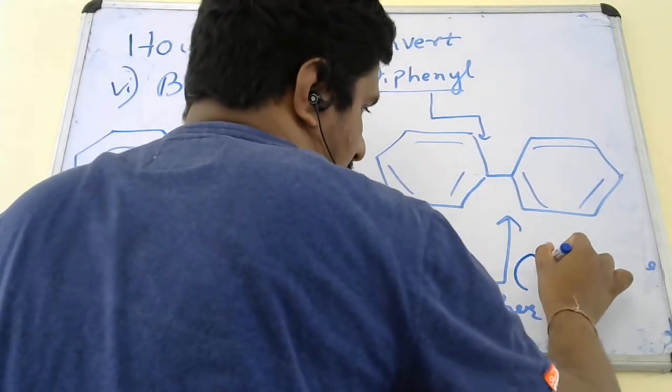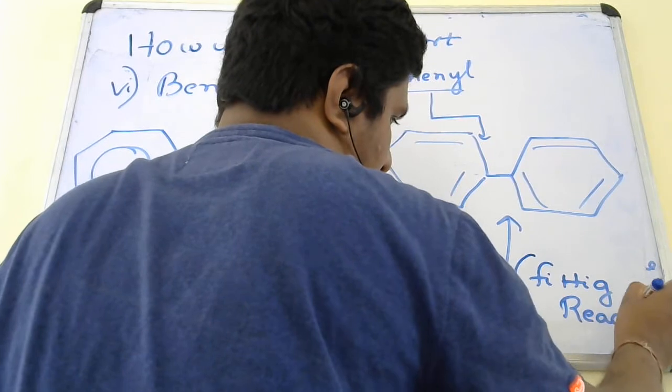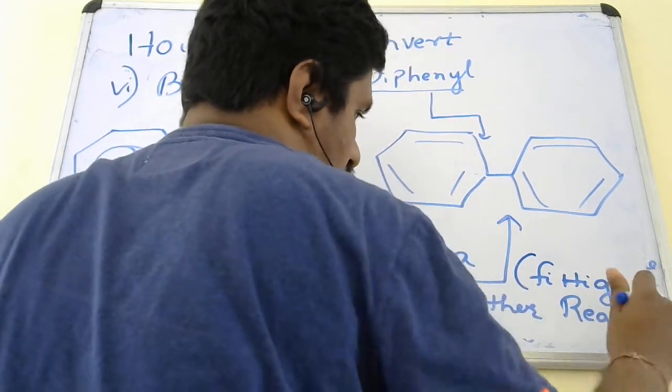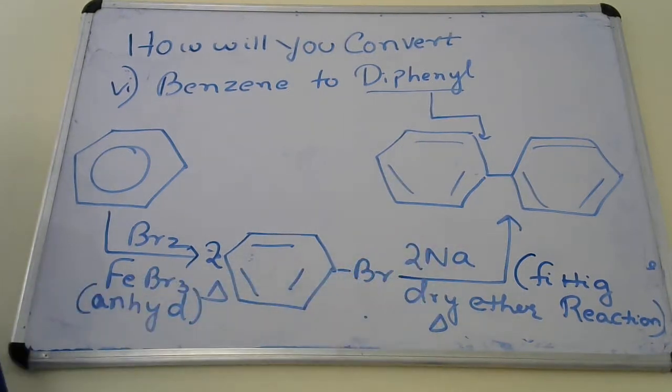This reaction is called the Fittig reaction. The 2 benzene rings will be linked and you will get diphenyl or biphenyl.